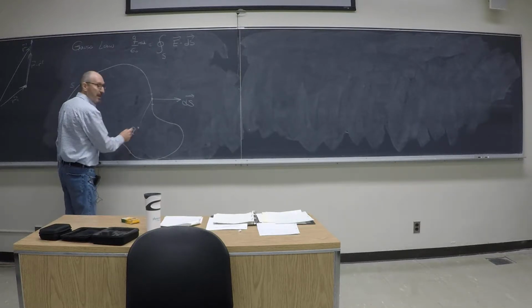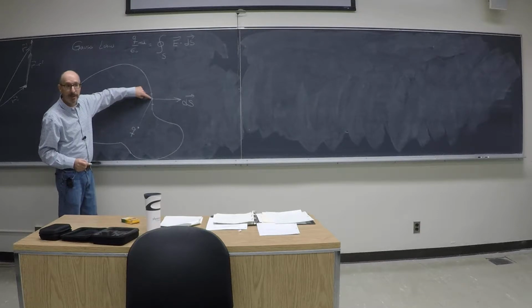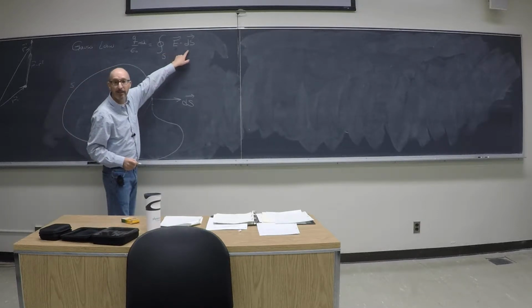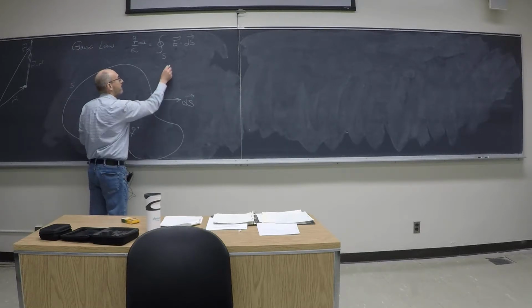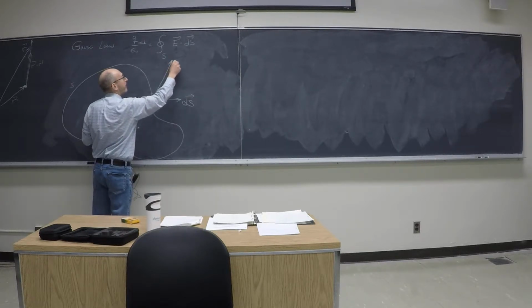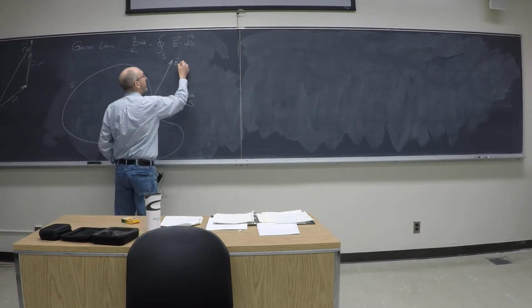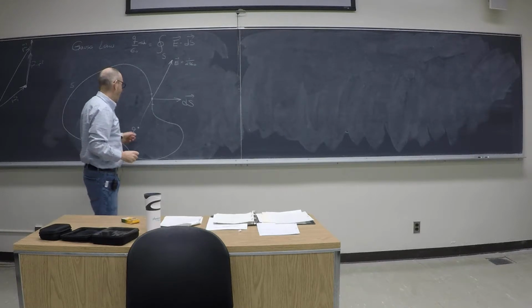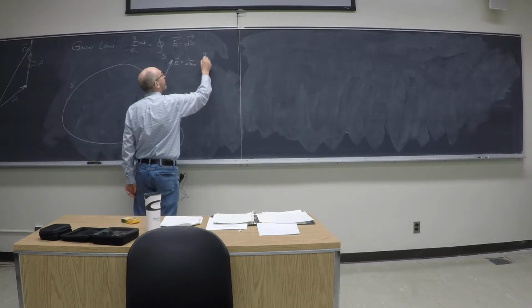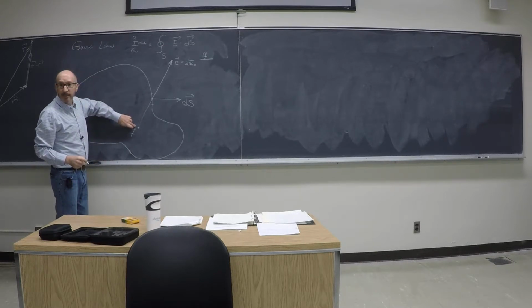Now, for this charge, we can use Coulomb to obtain the electric field at that same point, because we need the two to multiply them together. So the electric field will look like this. It is 1 over 4 pi epsilon 0 times Q divided by this distance squared.